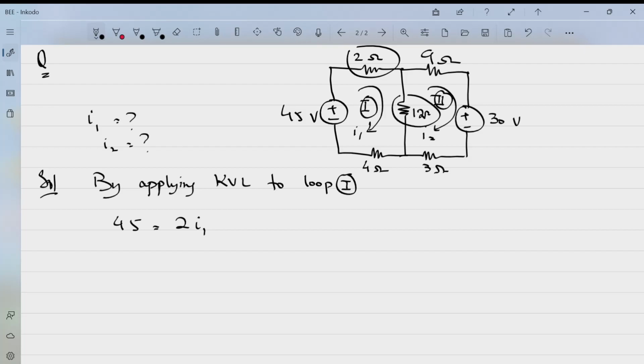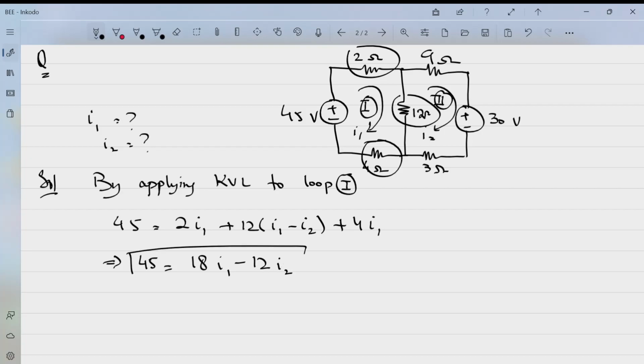Through this resistance, the voltage drop is 12 into I1 minus I2, plus through this resistance, the voltage drop is 4I1. So 2, 14, 18 I1 minus 12 I2. So this is equation number 1.